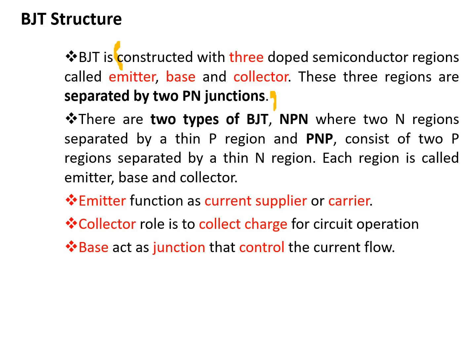The function of the emitter is as a current supplier or carrier. For the collector, C is to collect charge for circuit operations, and base acts as a junction that controls the current flow.